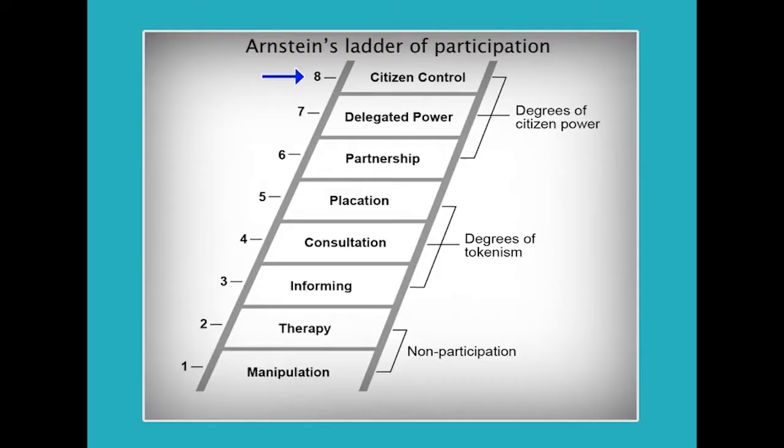The public now has the power to assure accountability of the program to them. Number 8, citizen control. Have-nots handle the entire job of planning, policy making and managing a program. For example, a neighborhood corporation with no intermediaries between it and the source of funds. So, now let us enter into the conscientization model.